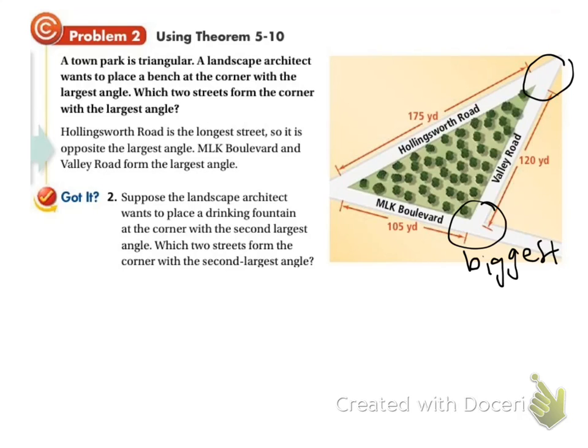So my littlest angle is across from it. That's my littlest or smallest, whatever you want to call it. 120 is my medium side. So this is my medium angle. Medium. So they're going to put a drinking fountain there. Draw a little drinking fountain in. So where Hollingsworth Road and MLK Boulevard meet up, that's where we're going to put our drinking fountain.